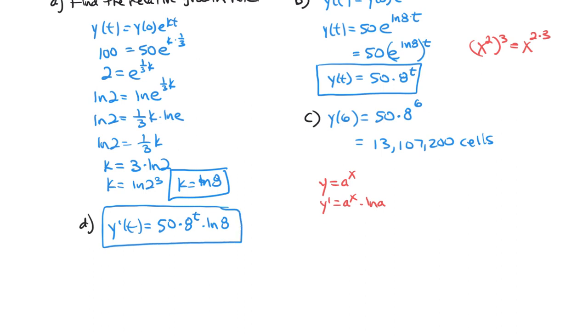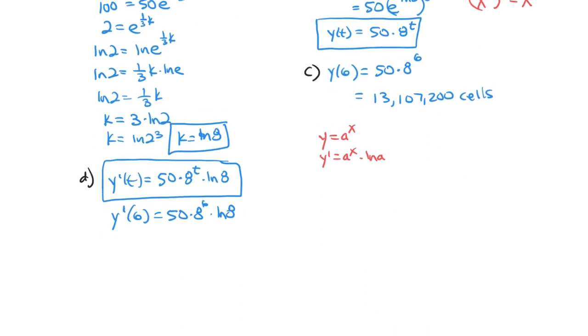So that will give us the formula for the growth rate, the rate of change of the population with respect to time. And actually, I need to look a little closer at that question. It said after 6 hours. So once we have the formula, we can just plug in 6. They're looking for y prime of 6, which is going to be 50 times 8 to the 6th power times the natural log of 8.